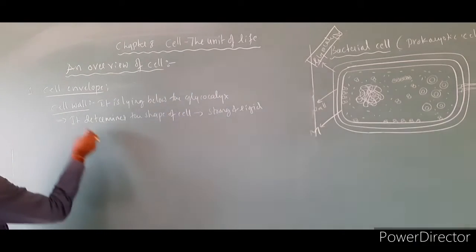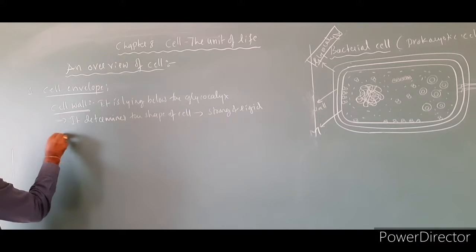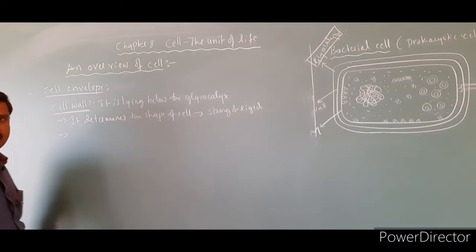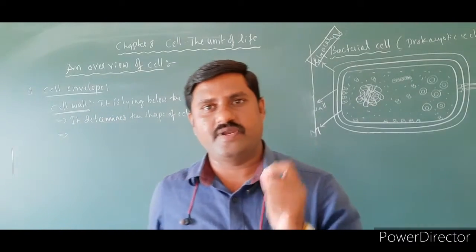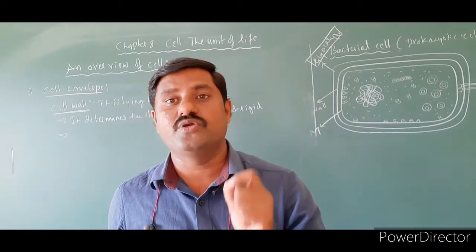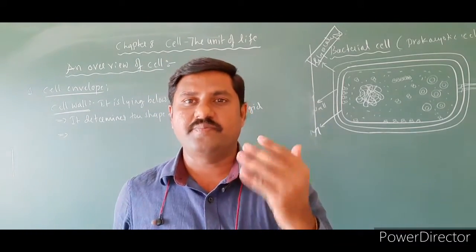Such a cell wall, in a bacterial cell, is usually made of muramic acid or murein, it is called, or peptidoglycan.